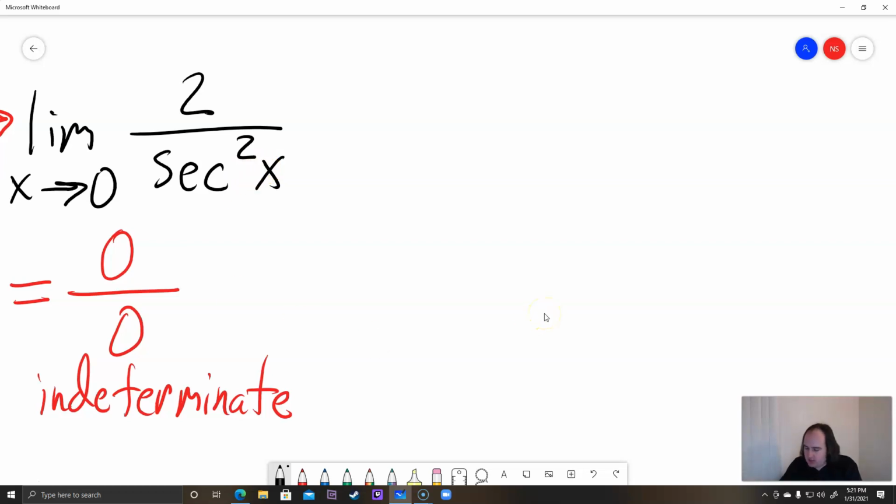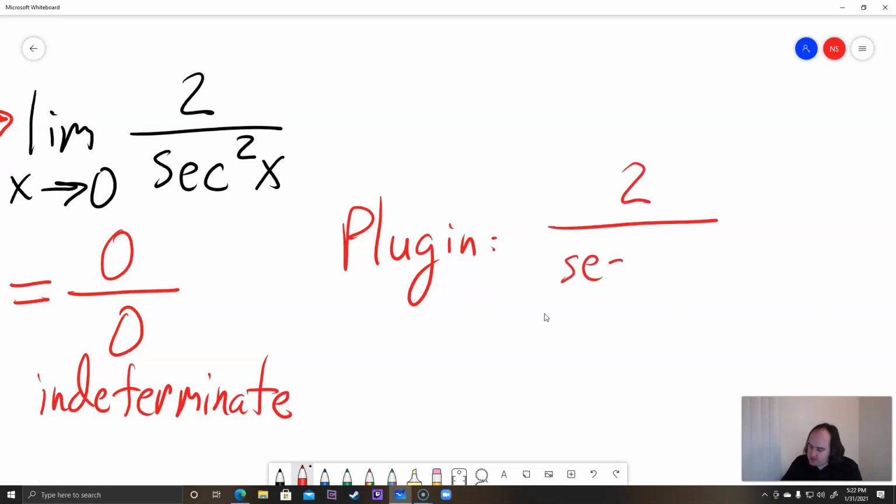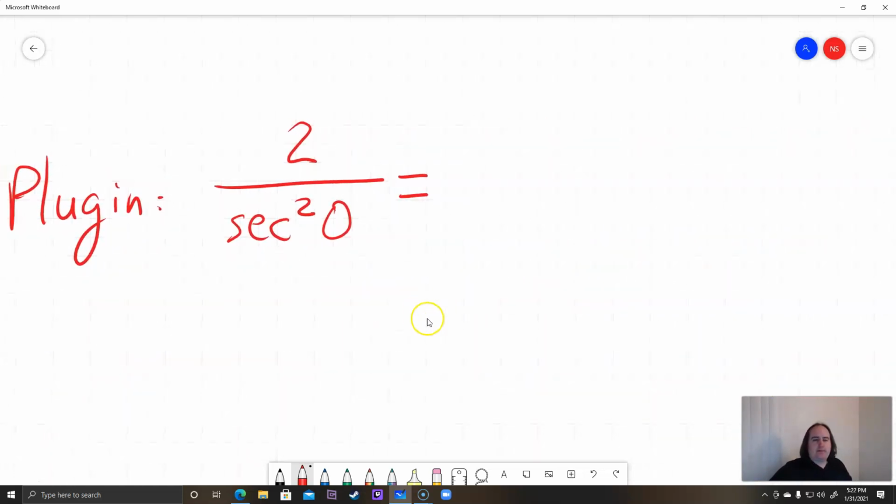Remember that secant is 1 over cosine, so secant squared is 1 over cosine squared. So now I'm going to plug in a third time. We're going to have 2 over secant squared of 0, which is the same as 2 over 1 over cosine squared of 0.